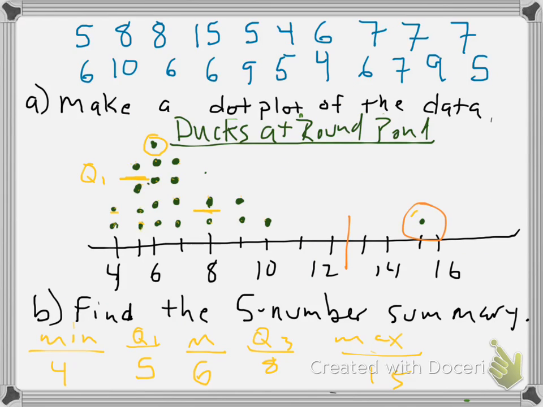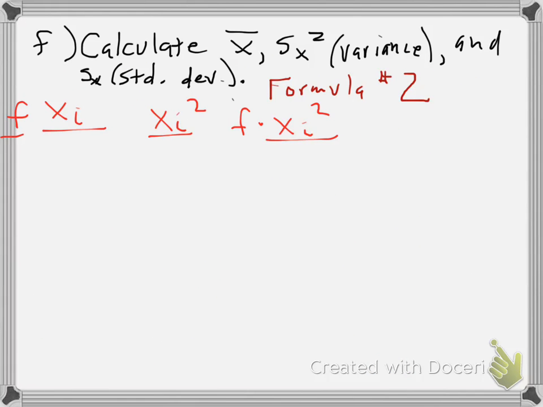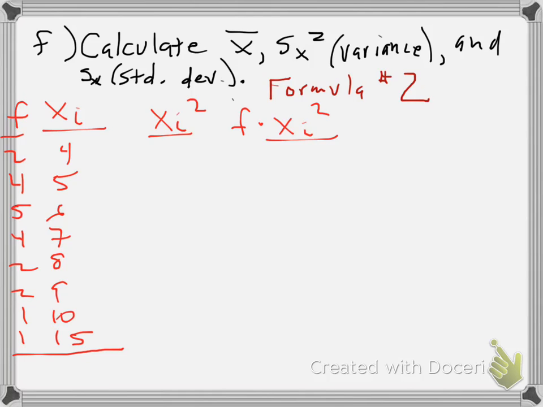There were 2 4s. Let's do this here. So there are 2 4s, 4 5s, 5 6s, 4 7s, 2 8s, 2 9s, 1 10, and 1 15. And actually, when I'm going to add up all my x's here, let me do this real quick.